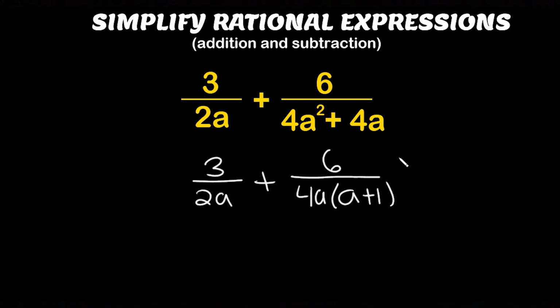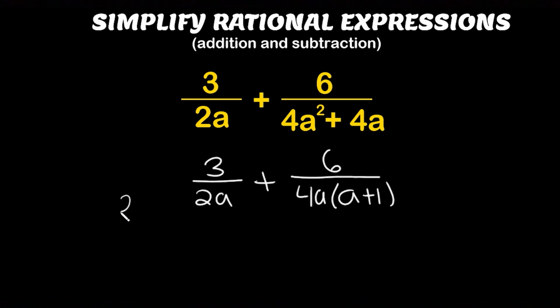How do I get a common denominator now? So looking at what I have here, I have a 2a and then I have a 4a times a plus 1. You can see that this one here doesn't have as much, right? So we're trying to match that 4a times a plus 1. So to do that, I'm going to have to multiply this fraction here by 2 and a plus 1. So for example, I'm going to write the following.